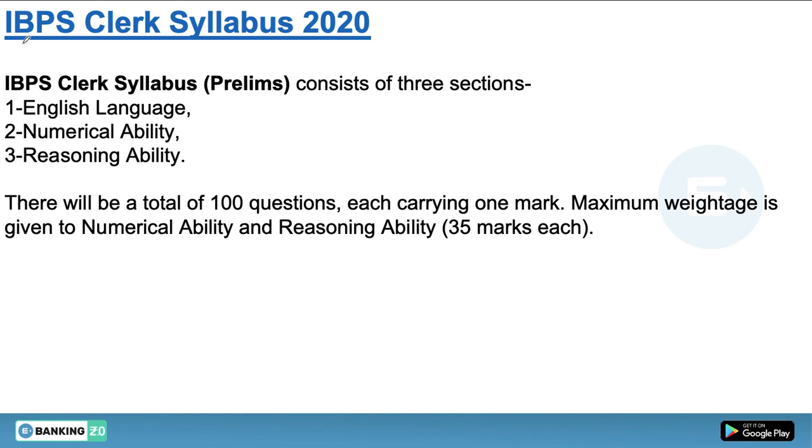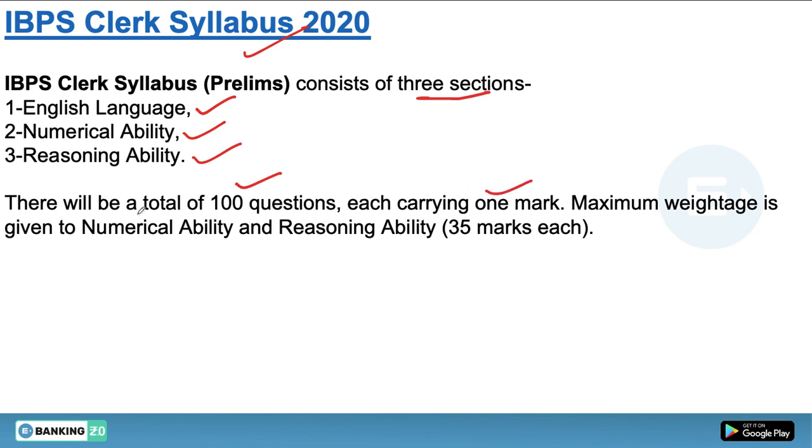Talking about the IBPS Clerk syllabus 2020, the prelims syllabus consists of three main sections: English language, numerical ability and reasoning ability. So how many questions will be there? There will be a total of 100 questions which will carry 1 mark each.